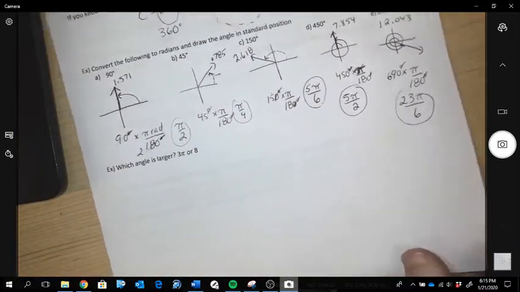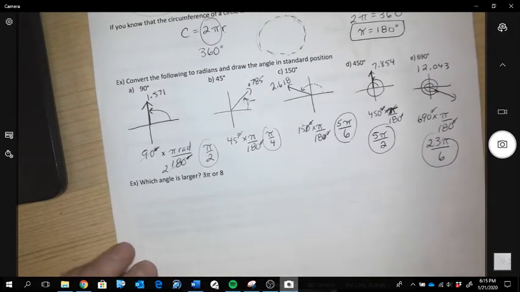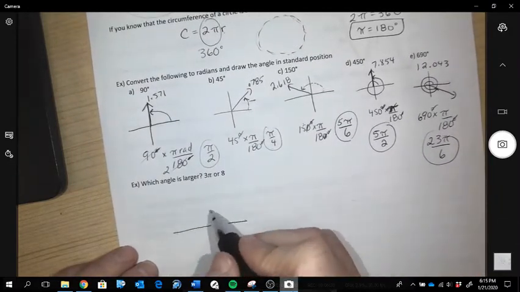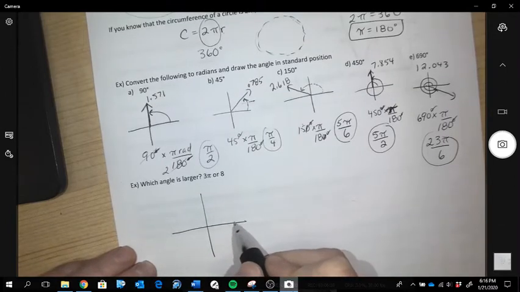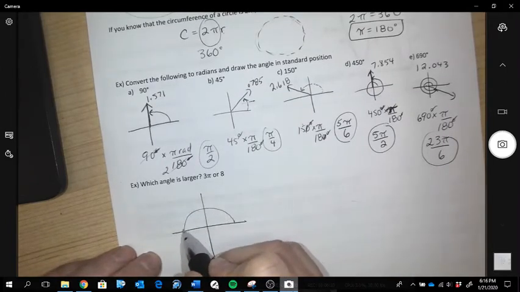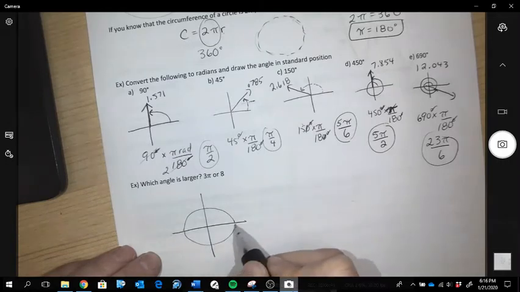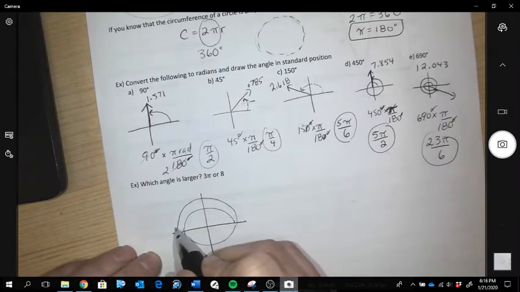Okay, which angle is larger, 3 pi or 8? Okay, so in pi, 180 degrees is 1 pi. So 1 pi, 2 pi, 3 pi lands me right there.